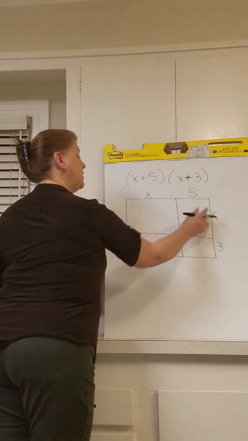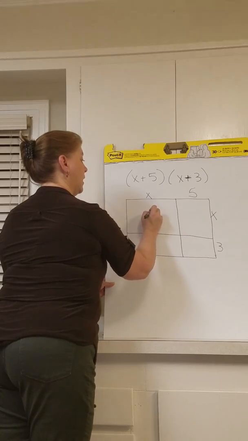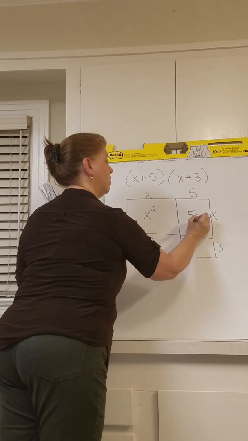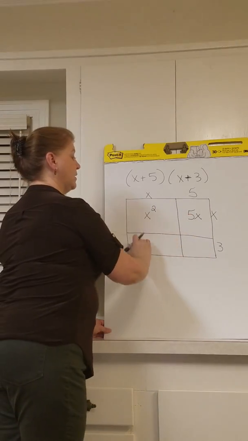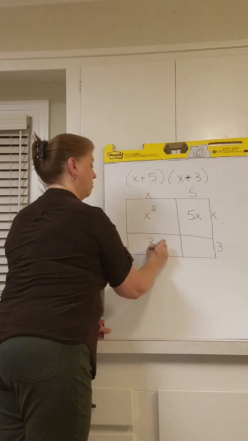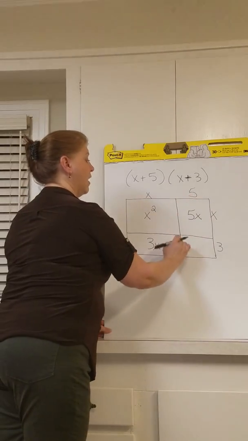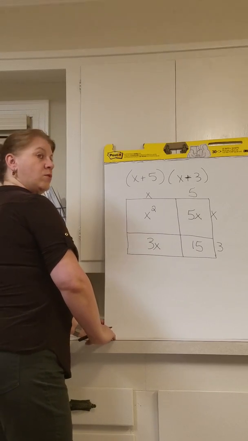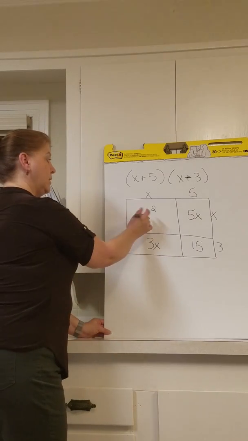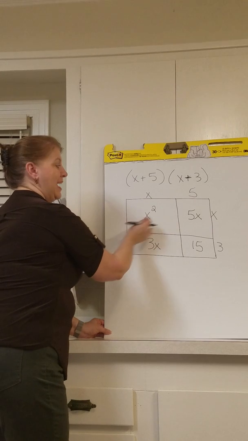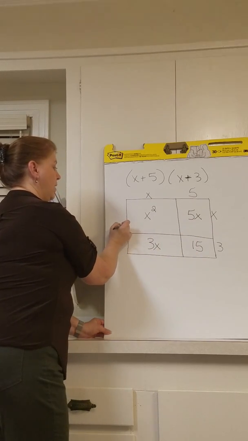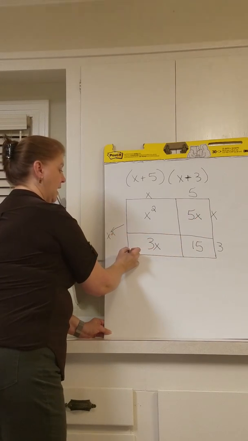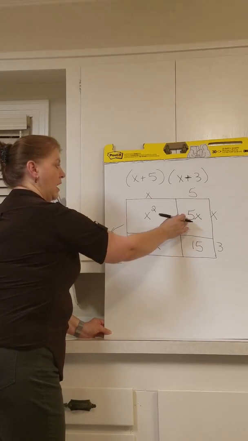Okay, so x times x gives us x squared. 5 times x gives us 5x. x times 3 gives us 3x. Then 5 times 3 gives us 15. So what we're going to do next now is look at this diagonally. So here we have x squared. And along this diagonal we have 5x and 3x.